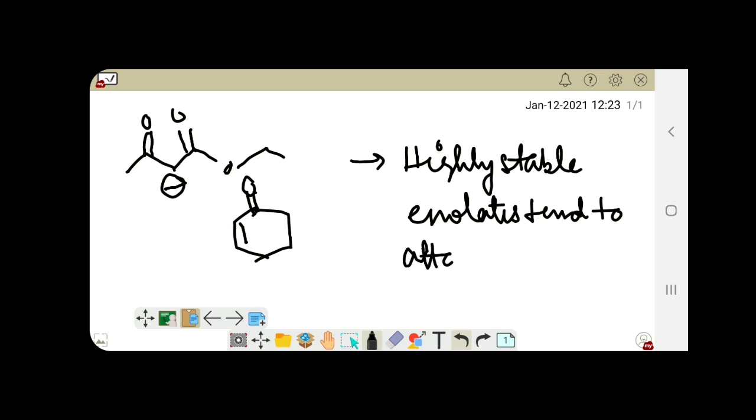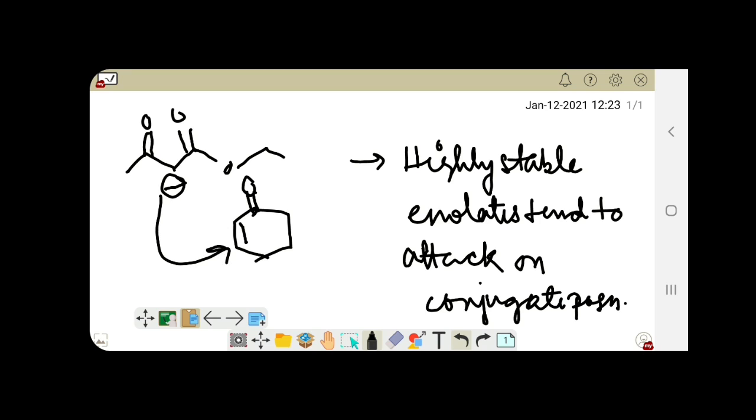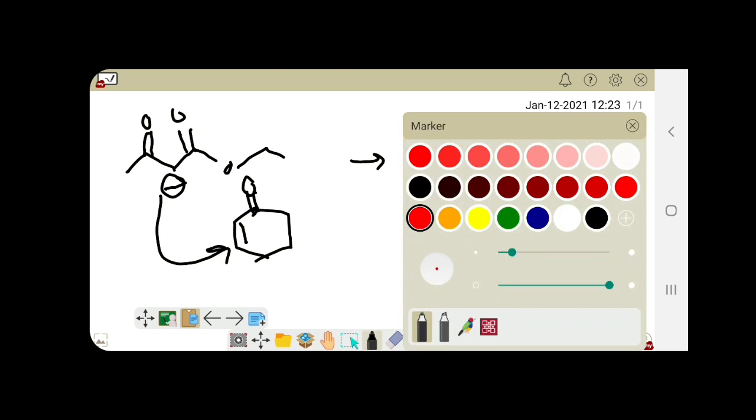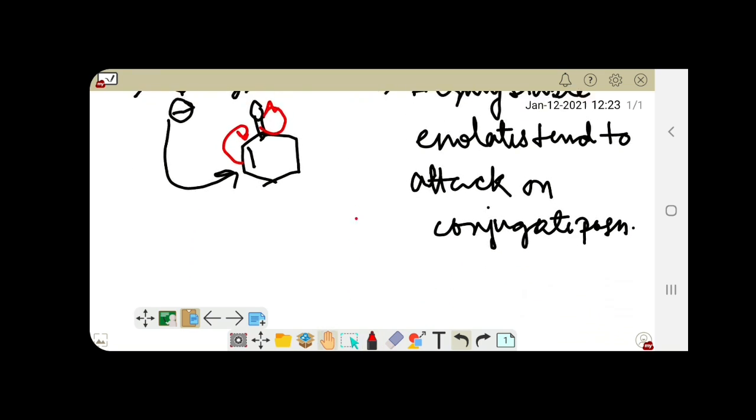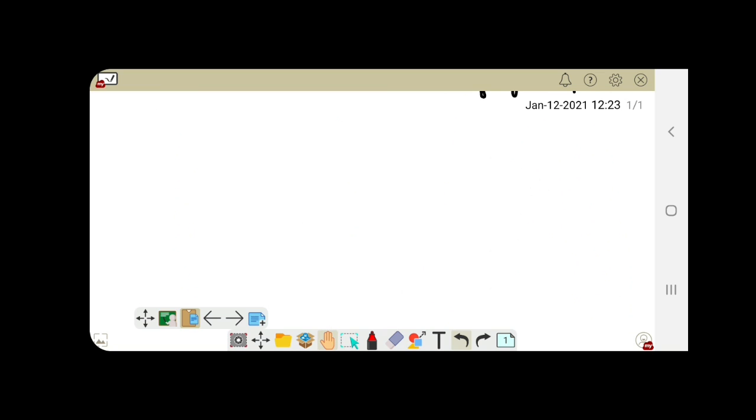That's a characteristic nature, and you need to remember this, as it is a very important reaction as well. Now it would attack here and the double bond would go up. The double bond of oxygen will go up and appear as a negative charge on the oxygen. So the final product now is going to look like this.